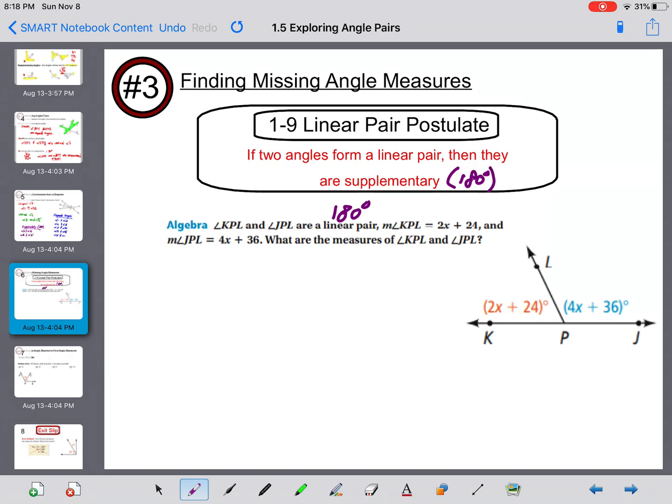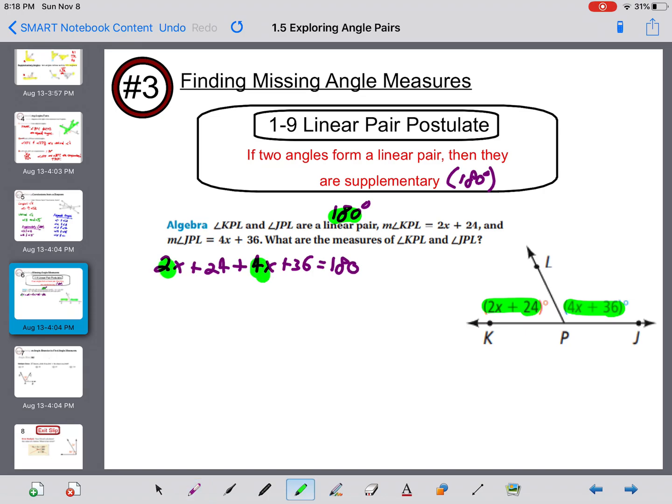Okay, so it says, what are the measures of KPL and JPL? So we need to solve for x and then solve for each individual angle. So what I'm going to do is take both of these angles and set them equal to 180. So 2x plus 24 plus 4x plus 36 equals 180.